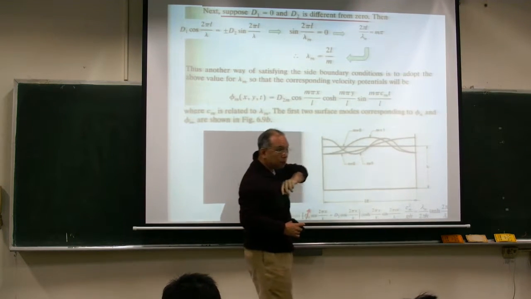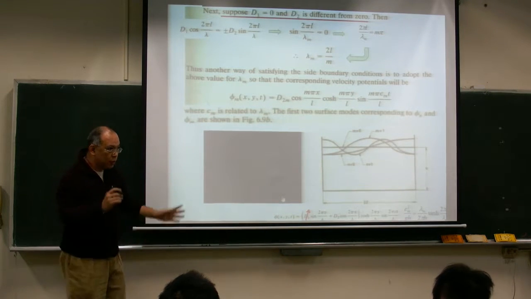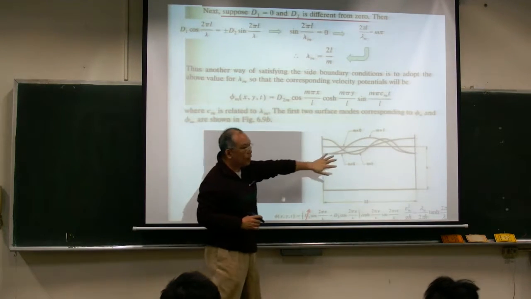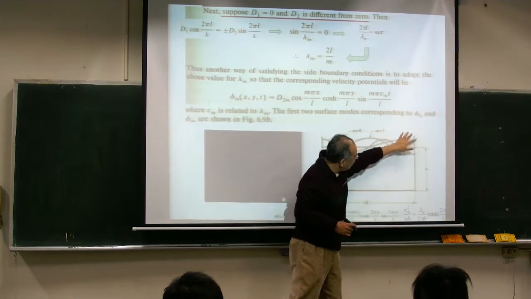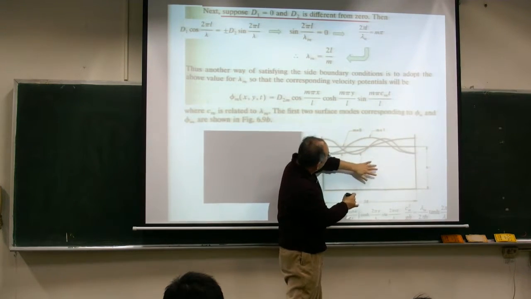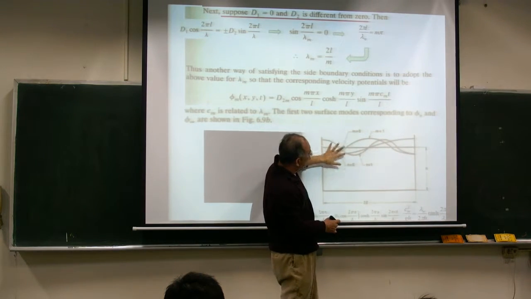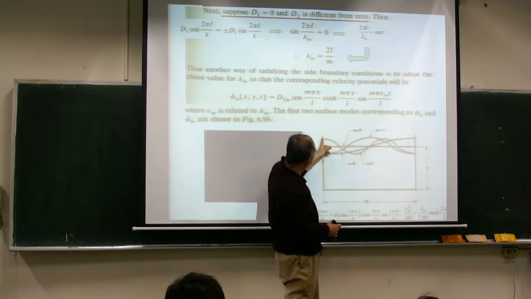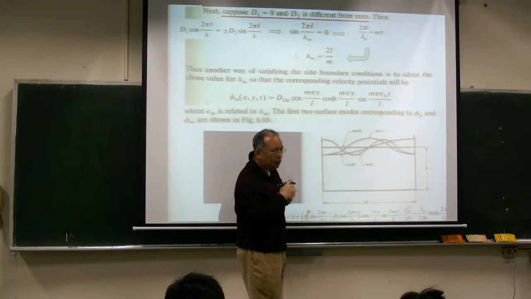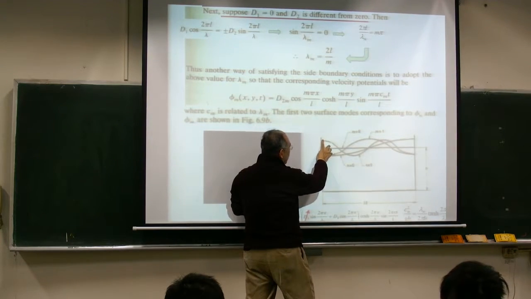So all of these are possible solutions that satisfy what? Satisfy this flow. Once we have a rectangular tank and generate a wave inside this tank, what kind of wave can be generated inside this rectangular tank? There are all kinds, but they have something in common.